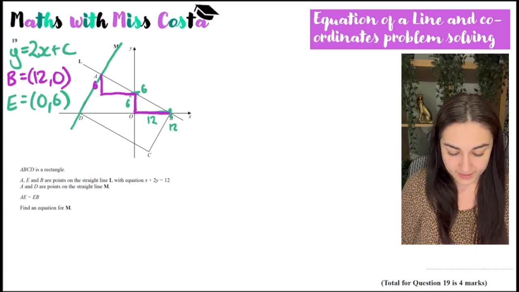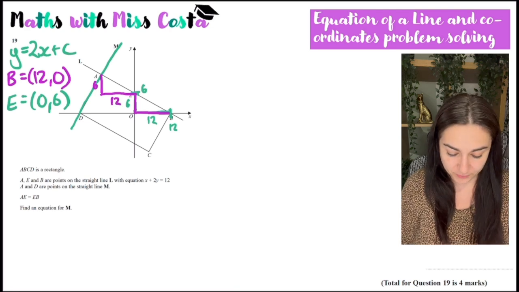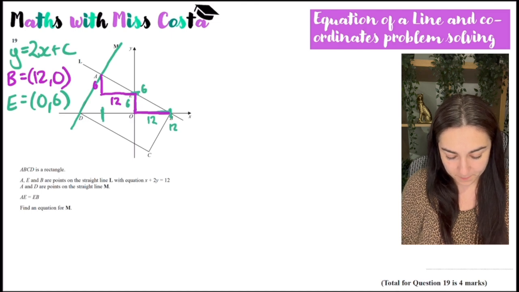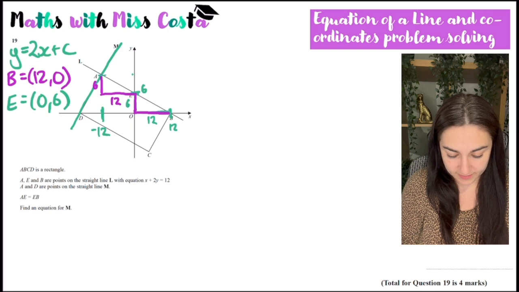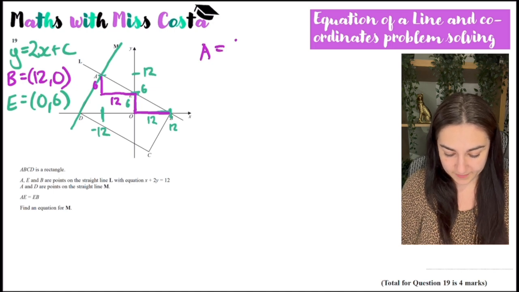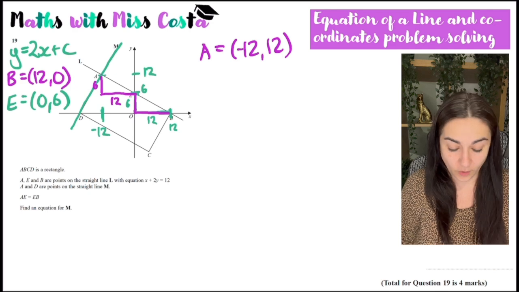So the y coordinates are going to go up by 6 and the x coordinates are going to go left by 12. So therefore, this coordinate here must be minus 12 and this coordinate here must be positive 12. So now I know that the coordinate of A is minus 12, 12.